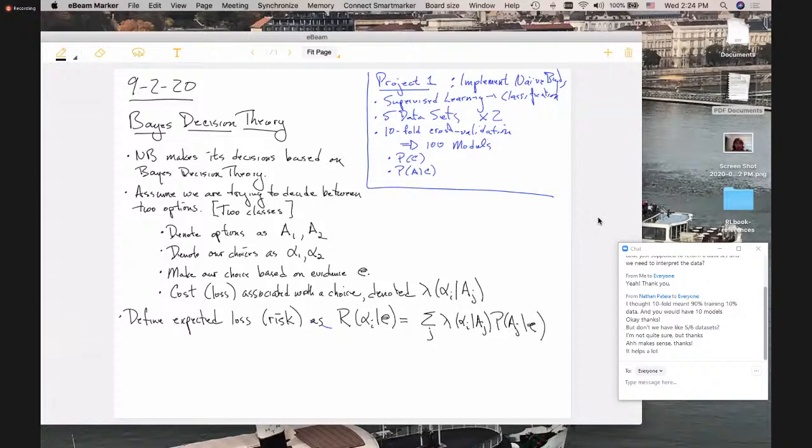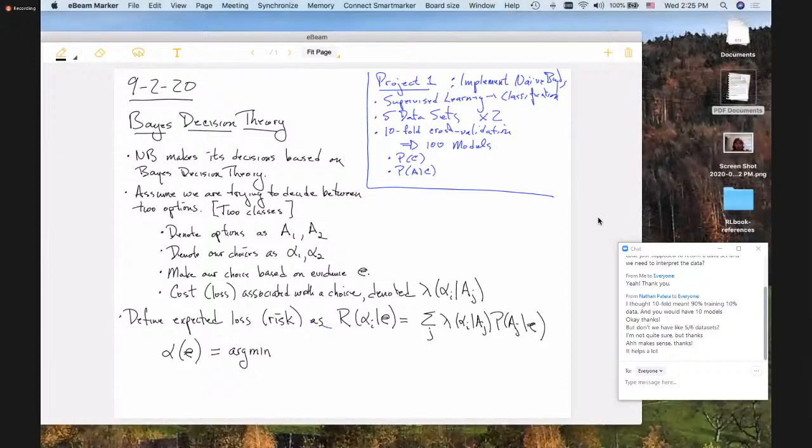So intuitively, if we are making a choice based on some evidence, which I'm going to denote alpha of E, that's the choice based on the evidence, then what we want to do is choose by minimizing the risk. Right? Any questions about that?